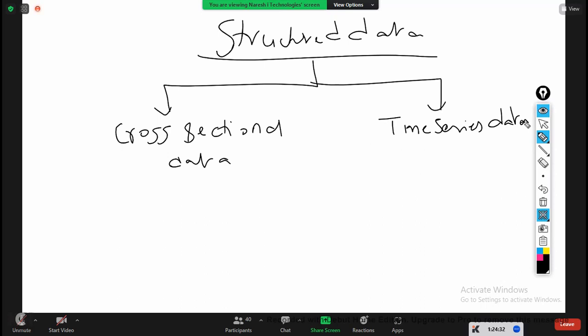Earlier, the example I showed you with TV, radio, and newspaper, some data set. In that data set, is there any time column, any date or month or year? Nothing is there, so it is called cross-sectional data. If a time-related variable is there, then it is called time series data.